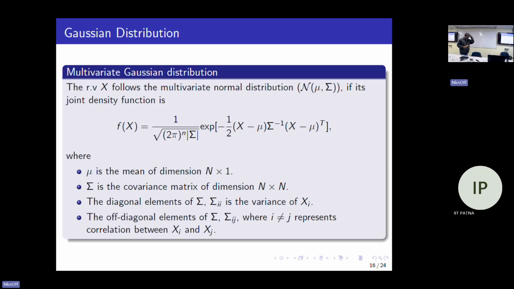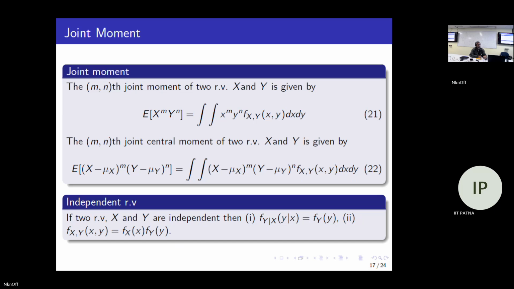We used to give that assignment to students: write a program and show that the contour is a circle, and if correlation is there, it's not a circle. And if the correlation is more, this ellipse will become more sharp. So that is a little bit of intuition.